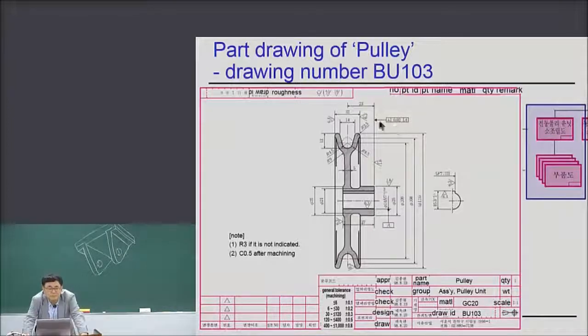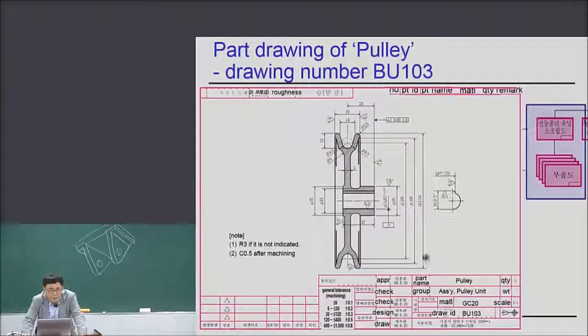And surface roughness to note. Only the key groove, upper direction, and there is some F7 dimensional tolerance. Why F7? Don't worry about it. If you look at the standard for key groove, then you can get the dimensional tolerance F7 from the standard. So don't worry about it.